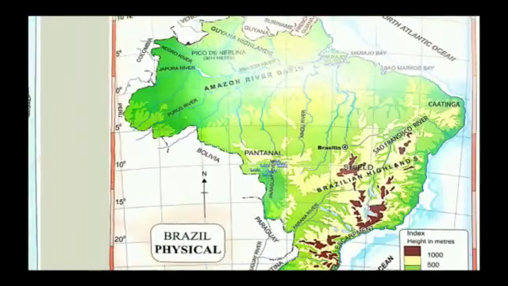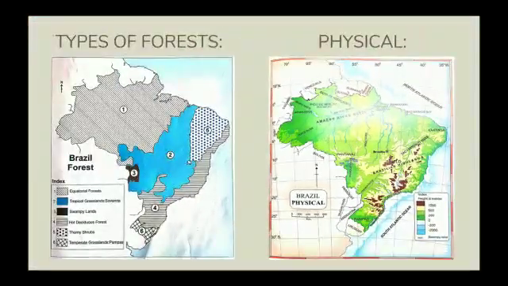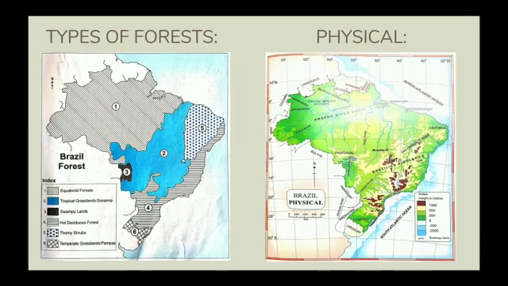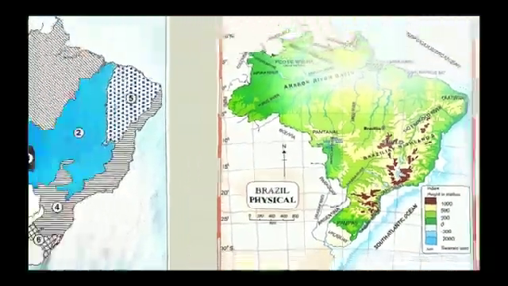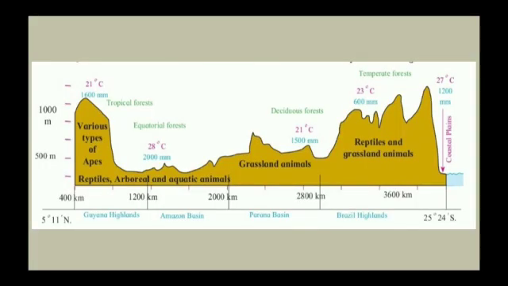It is called Caatinga. The last one, marked with the cross, is the temperate grassland, which is called Pampas.